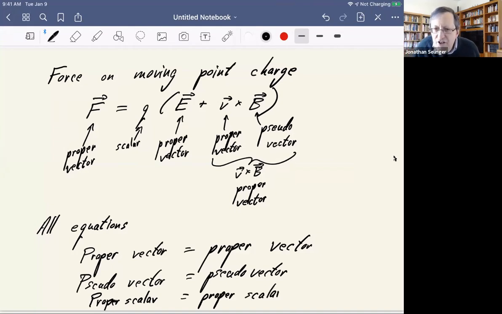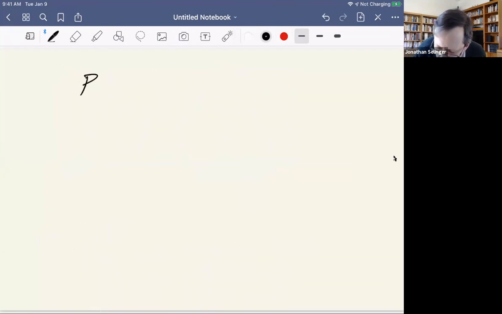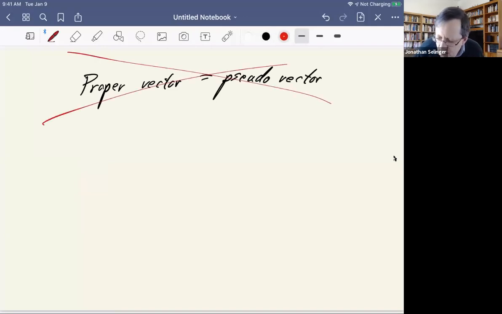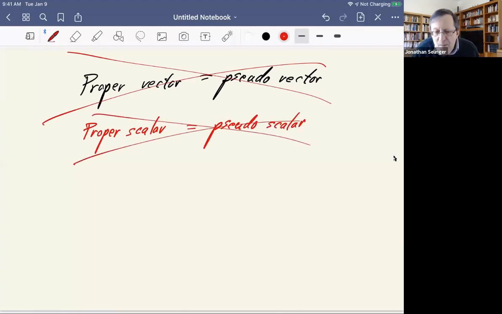But you'll never have an equation that says proper vector equals pseudo vector. No, you can't do this, right? Or proper scalar equals pseudo scalar. You can't do that either, right?